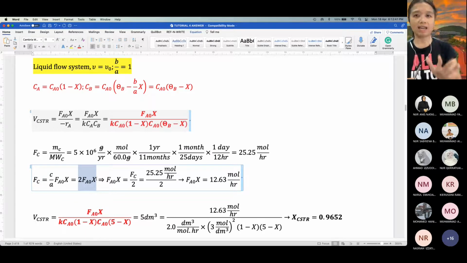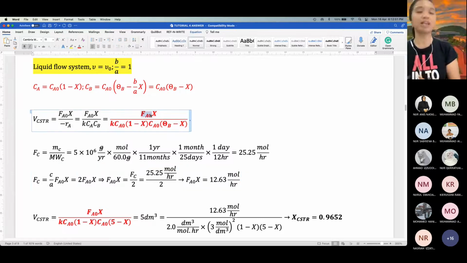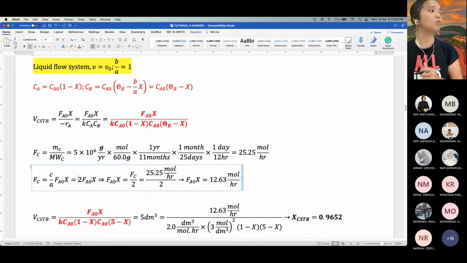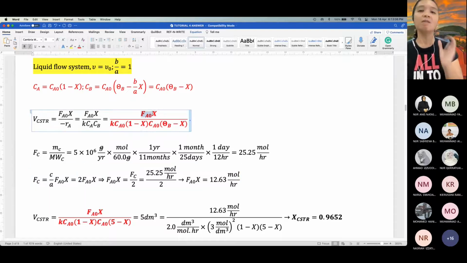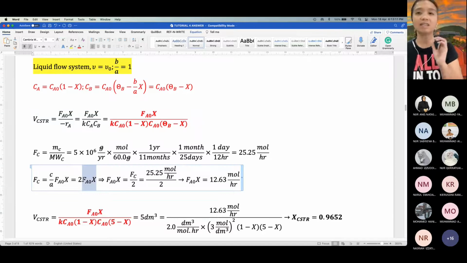Okay, this part you have to understand a little bit. In the original equation, I told you that actually we want to find FA0, right? We find that there is a correlation. We know that FC equals 2 FA0 X. So you have two options. One option is, instead of only finding FA0, I can directly find FA0 X. Meaning FA0 X is equal to FC over 2.